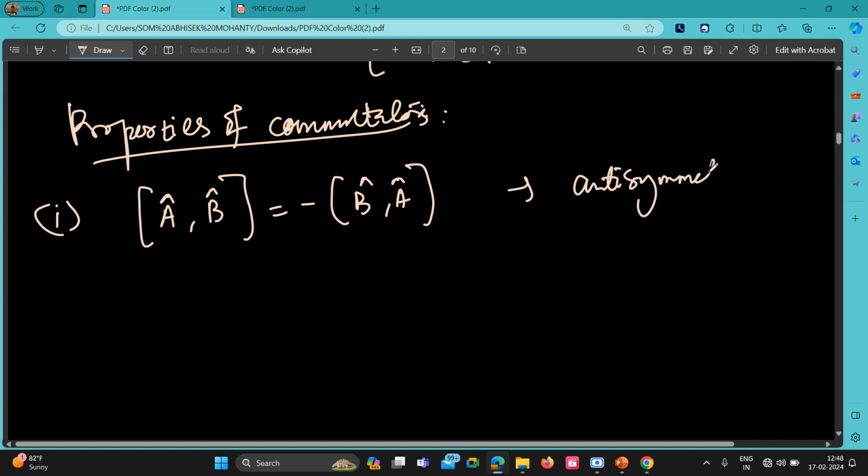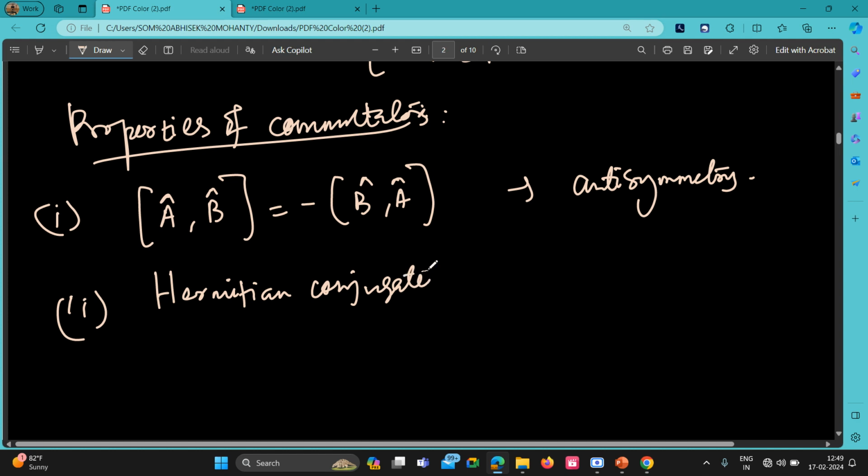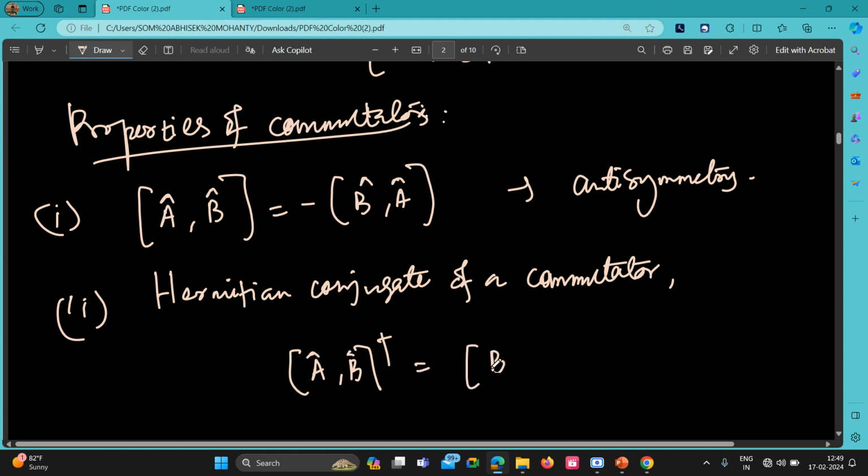Next, the Hermitian conjugate of a commutator: AB whole dagger is equal to B dagger A dagger.